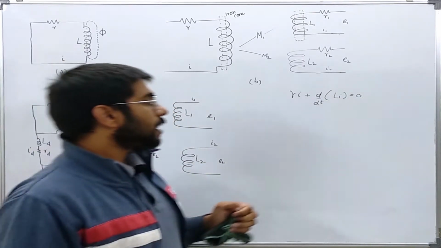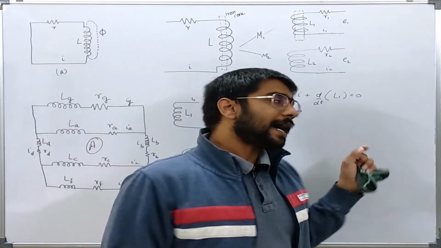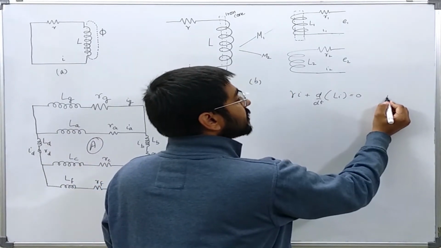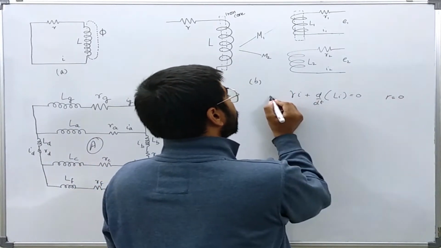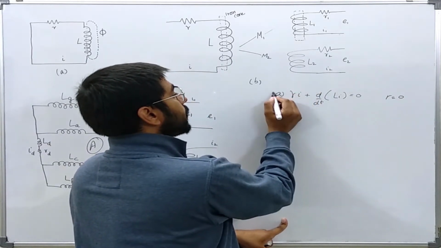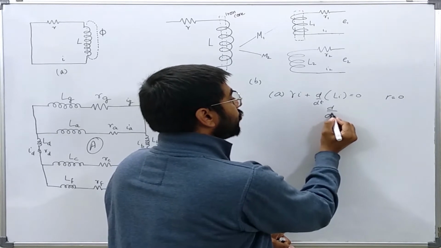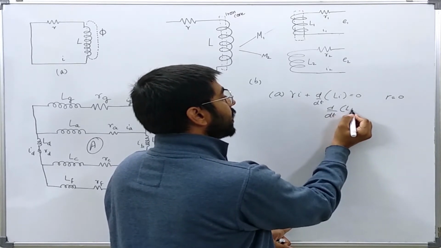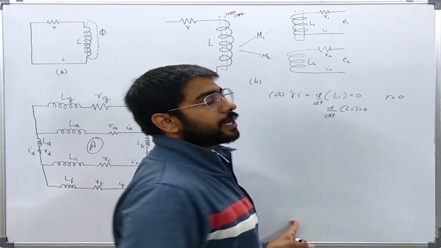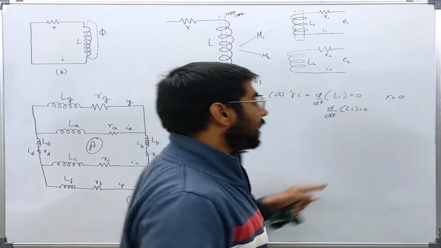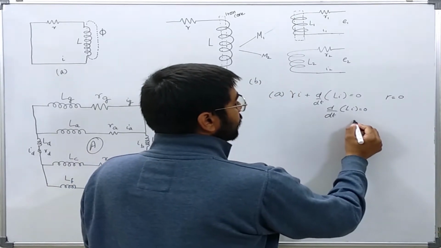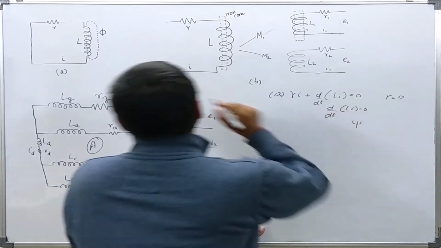Now if I assume that R is equal to 0, that is the resistance of the circuit is equal to 0, this is for the circuit A, it implies that d by dt of Li is equal to 0. Now what is Li? Li is nothing but the flux linkages of the circuit.